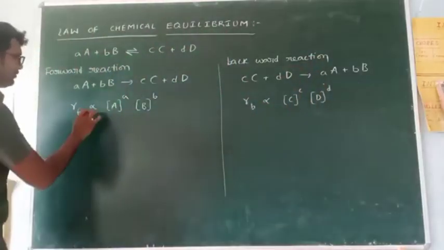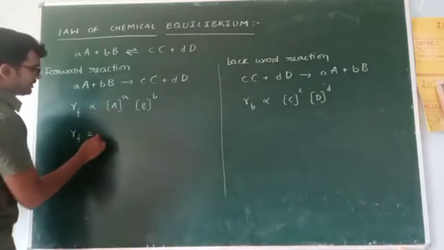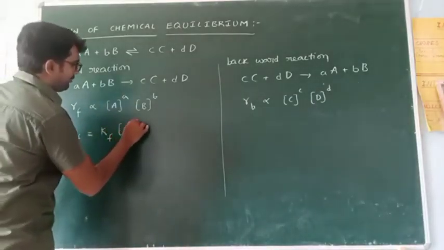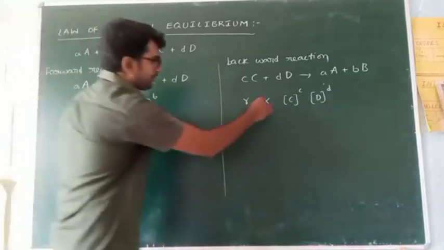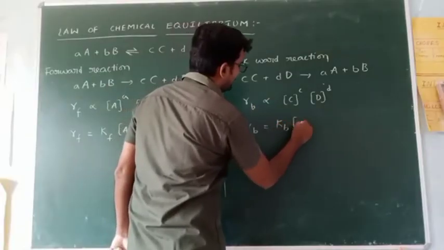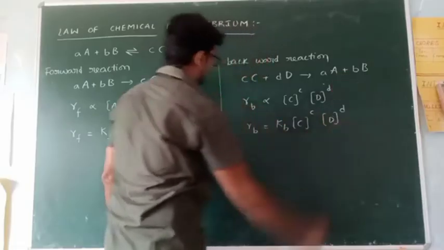Now removing the proportionality, we introduce the rate constants. Forward rate constant Kf: Rf = Kf [A]^a [B]^b. Removing the proportionality for the backward reaction, Rb = Kb [C]^c [D]^d.